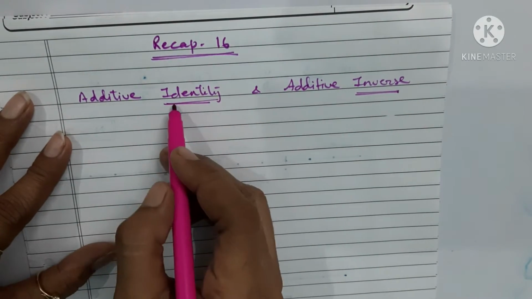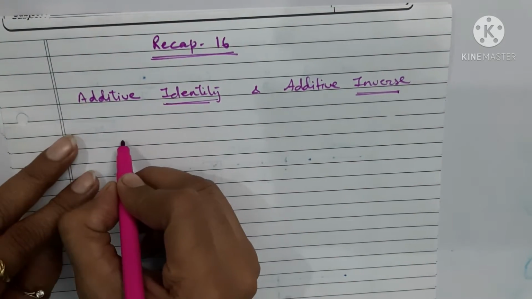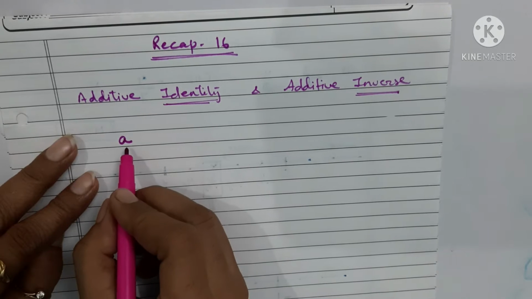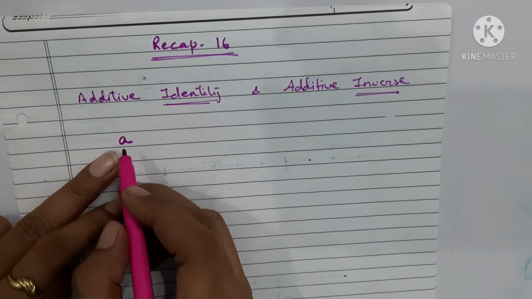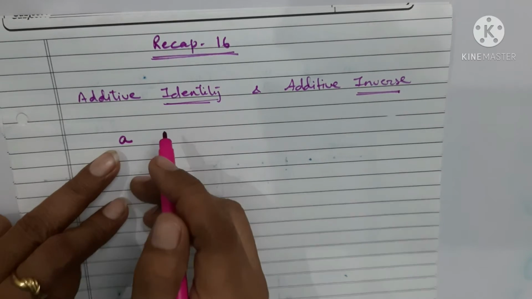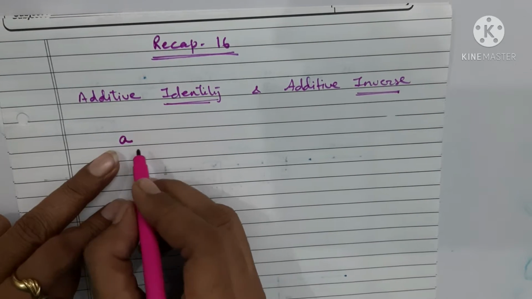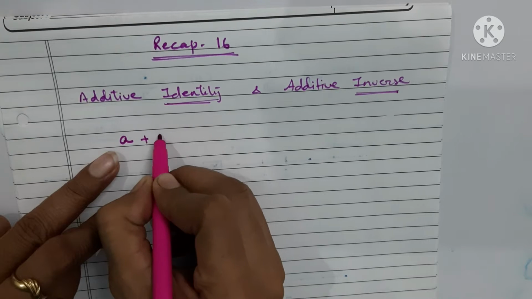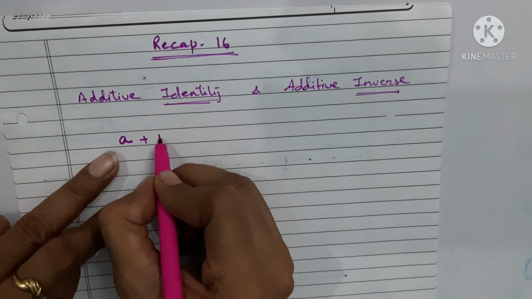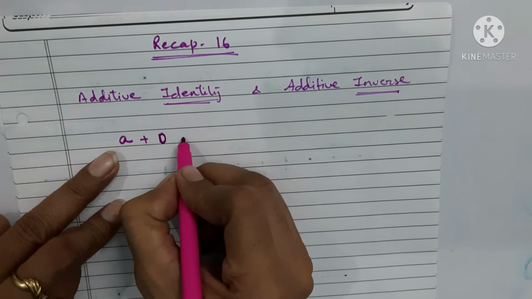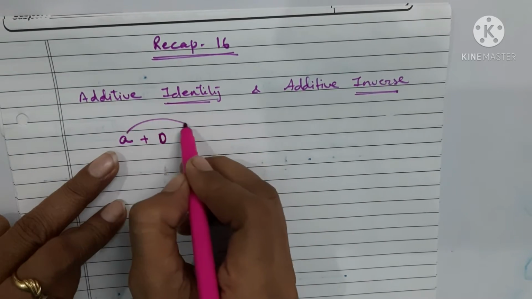In additive identity, if there is any number a, whether a whole number, an integer, or a rational number, suppose a is any rational number, then when we add 0, we get the same rational number.